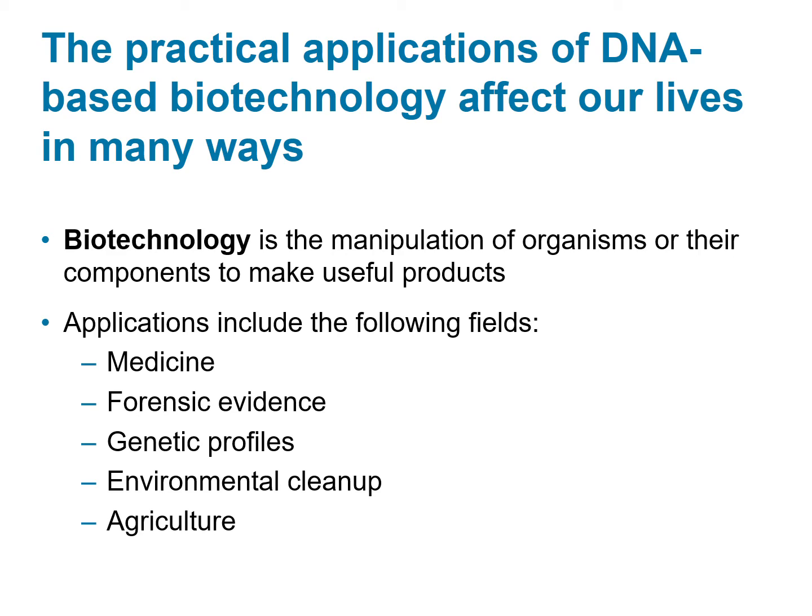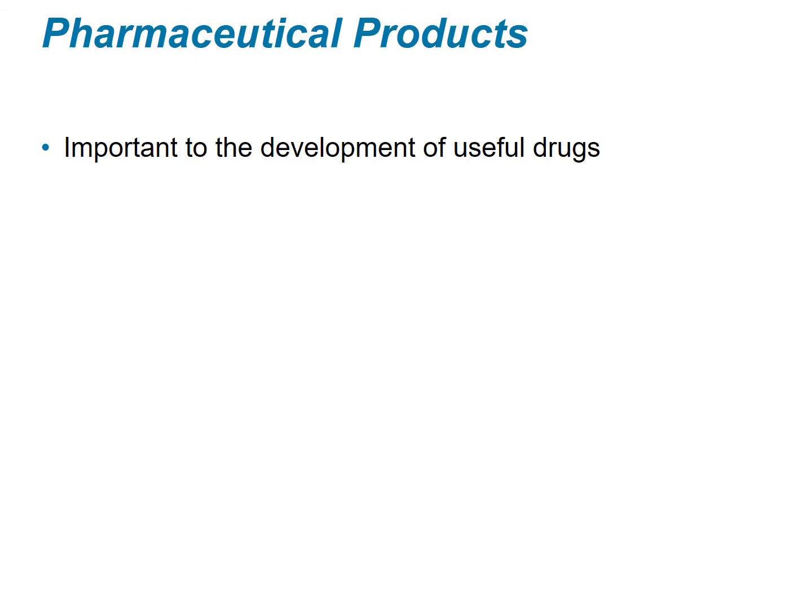Some examples of DNA technology used in genetic engineering include those in medicine and forensics, providing genetic profiles, environmental cleanup, and of course genetically modified fruits and vegetables that are made to withstand harsher conditions or produce more nutritious fruits.